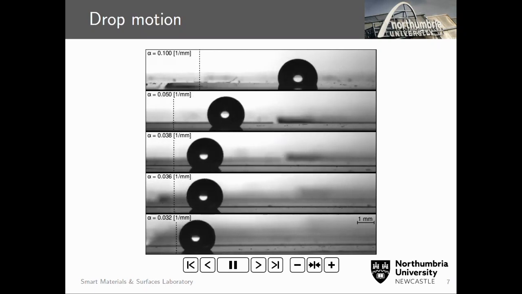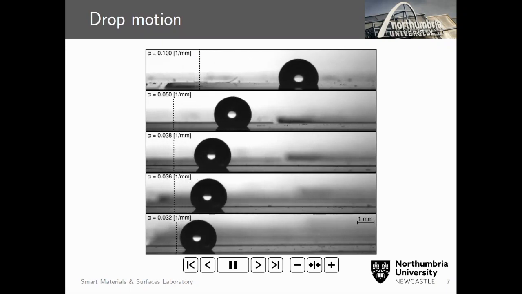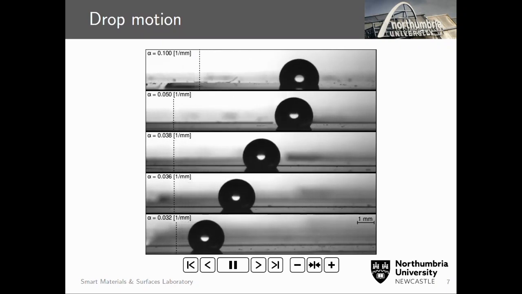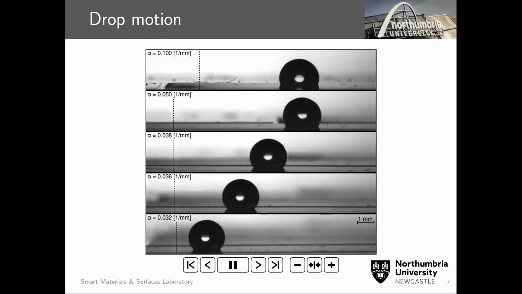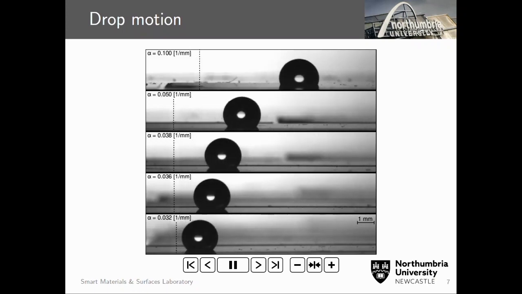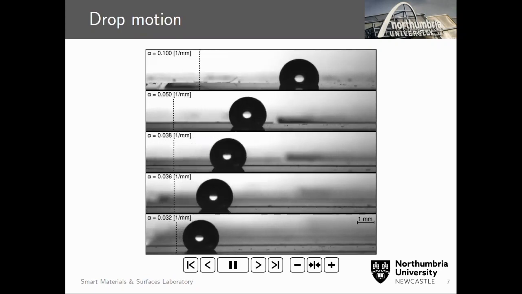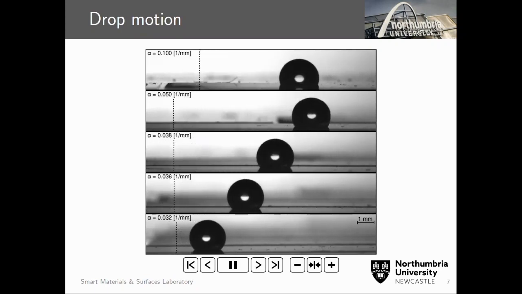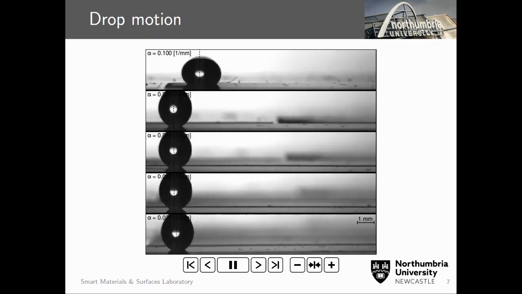Those surfaces are interesting on several points. The first one is that we can apparently tune the velocity of drops depending on the gradient of solid fraction. For example, if you have an application where you need a drop to have some residence time at a certain point of the surface, you can tune the velocity of the drop using the gradient of fraction.